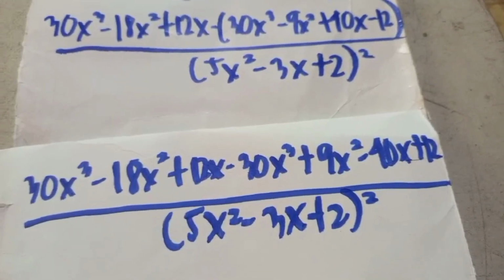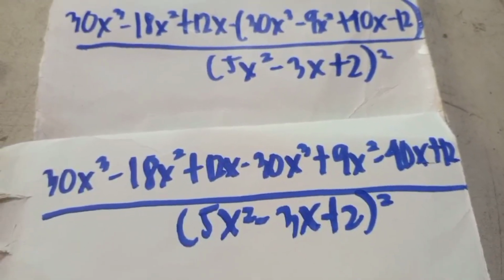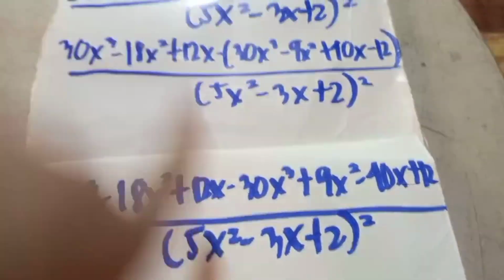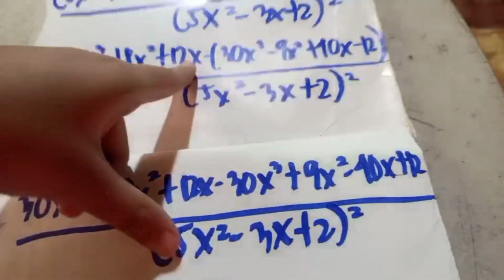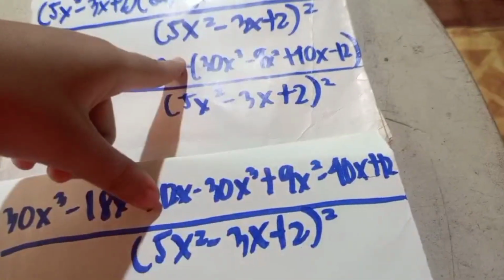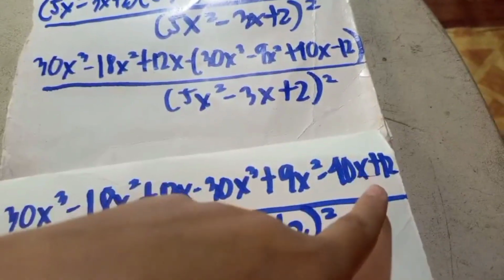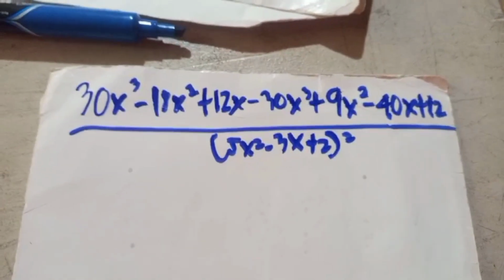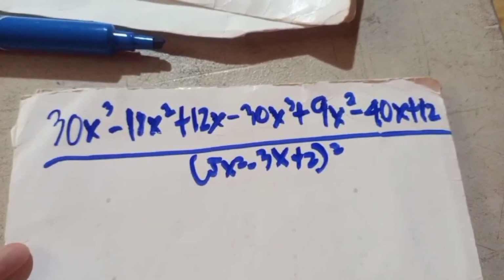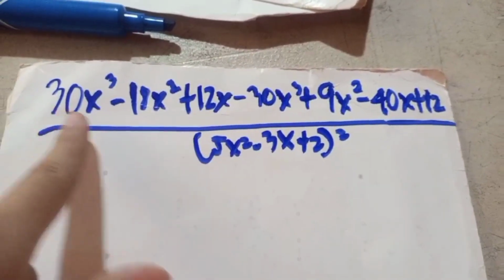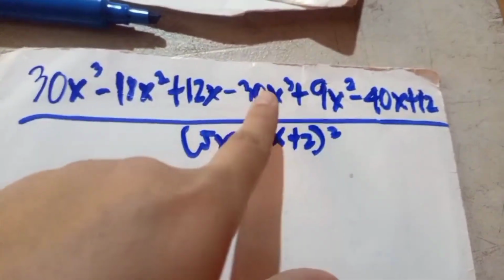And we distribute the sign to the parentheses. So negative times negative will become positive, negative and positive will become negative, and negative and negative will become positive. So next we distribute the sign and it will become this. And then next we need to cancel the 30x to the power of 3 and negative 30x to the power of 3.